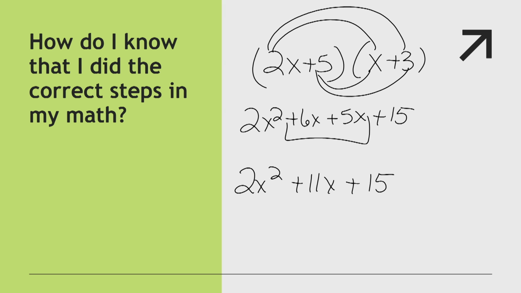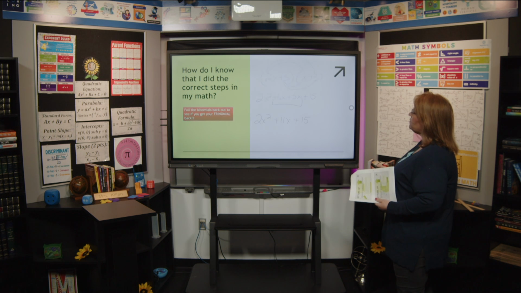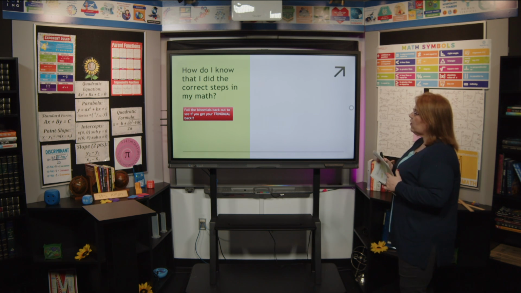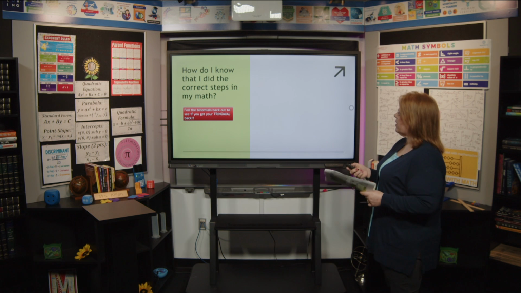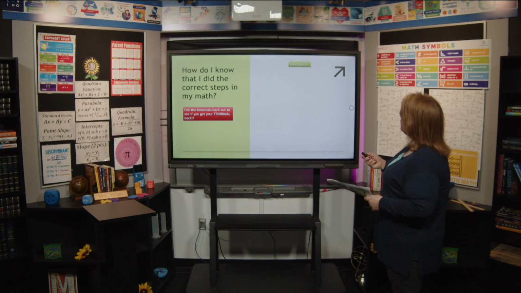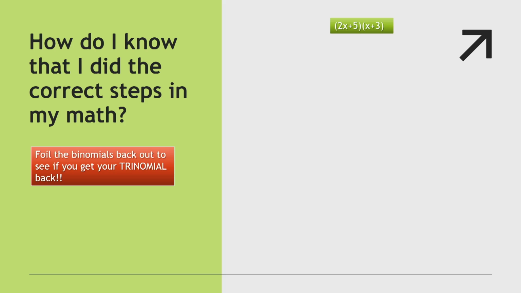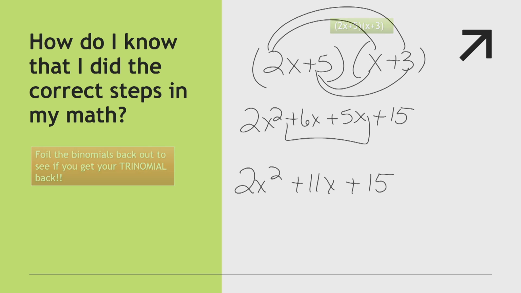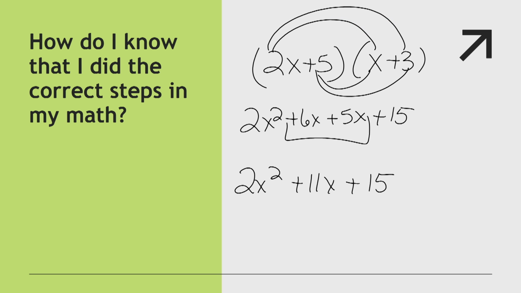And we did. So we know that our math worked. We always want to make sure that our math works. All right, so we FOILed these back. We got our trinomial, so we're good to go. We started with the 2x plus 5 times x plus 3. And we got that 2x squared plus 11x plus 15.